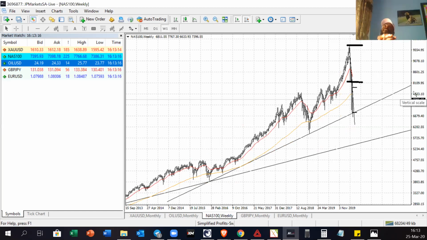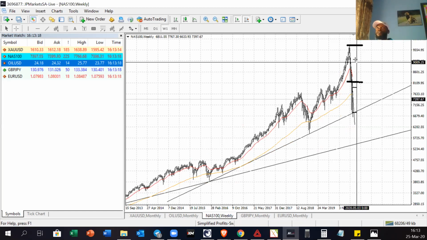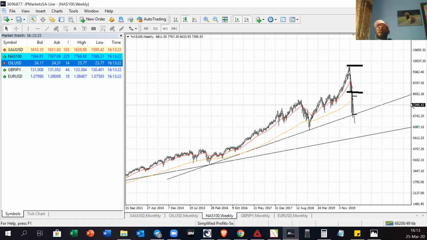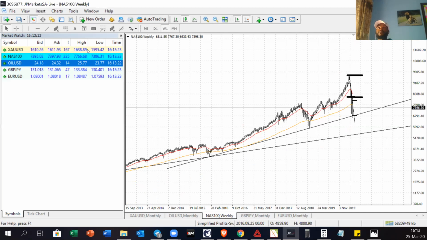All right, that's the NAS market. Ultimately, we're looking for this to break. I don't know how long it'll take, but this is the plan. We've already started seeing bulls coming in here.